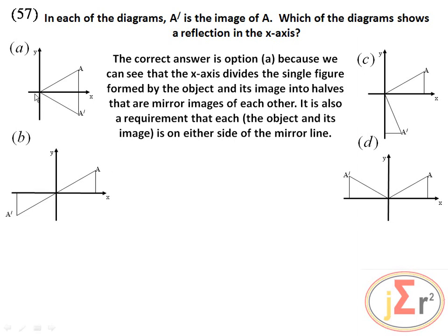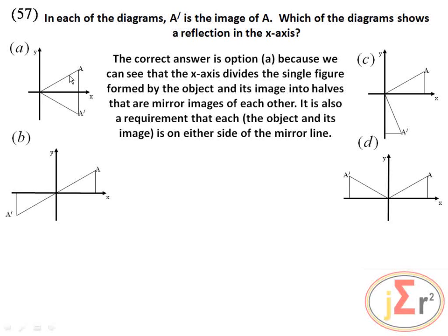So we have right here that there's a single object formed by the original object and its image, and the x-axis divides that object into two halves that are mirror images of each other.